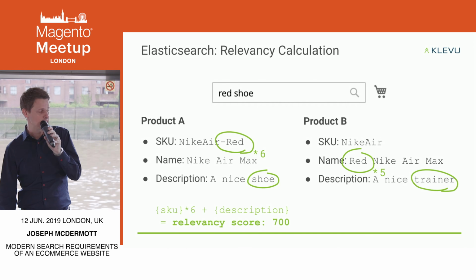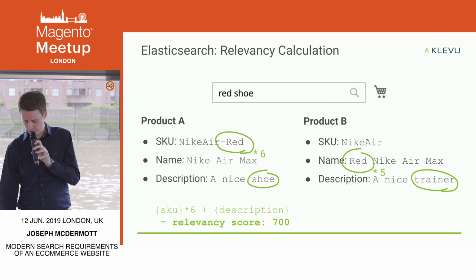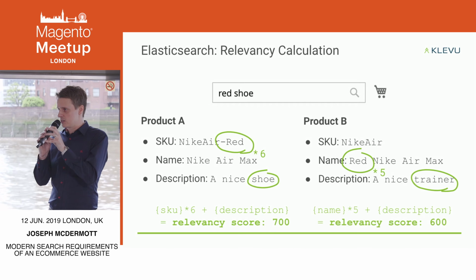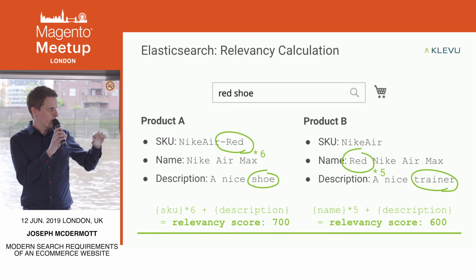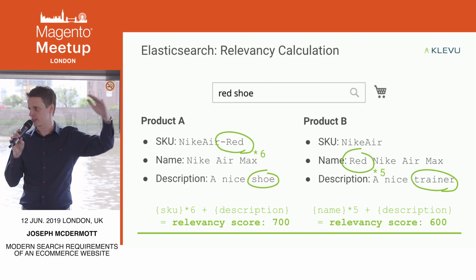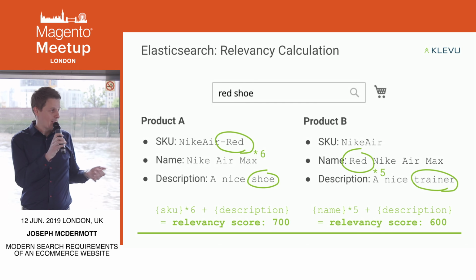So, a very oversimplified calculation here. You get a relevancy score for product A of 700, and a relevancy score of 600 for product B. All that means is, when you search for red shoe, product A and B will both be included in the results, but product A will come first, and product B will come after it. And that's basically it.